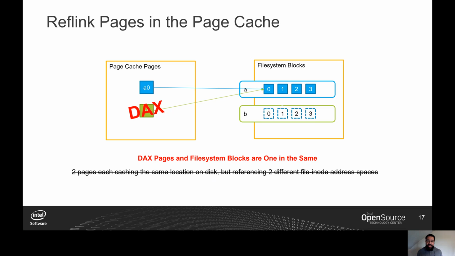They become one and the same. So when you map a DAX page, you're actually directly mapping the DAX block. There's no chance for an indirection. We only have the file system blocks, which is exactly the same. This is the page. There's no place to store that. Where did this mapping come from information?